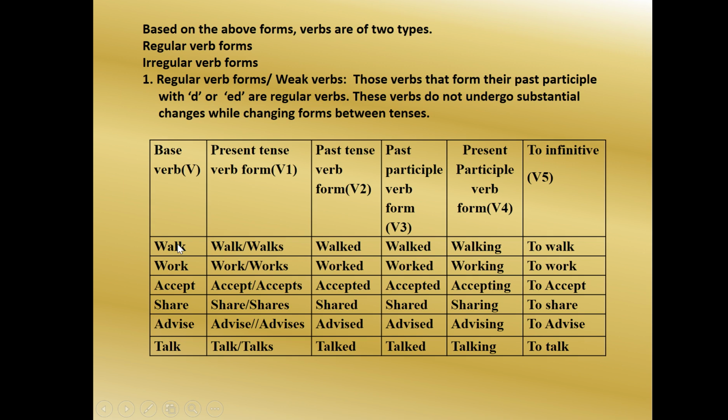So how are we going to change these 5 forms of verbs? In present tense we have walk or walks, past tense walked, past participle walked, present participle walking, to infinitive to walk. One more example, work or works, worked, working, to work.